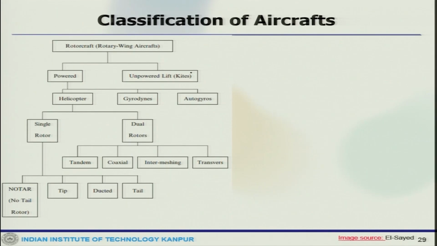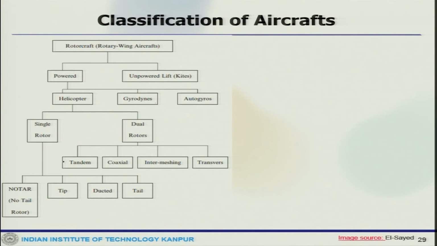Unpowered is sort of like kites, and powered includes three main categories: helicopters, gyrodynes, autogyros. Okay, and then helicopters could have single rotor, dual rotors, and all other divisions as listed.